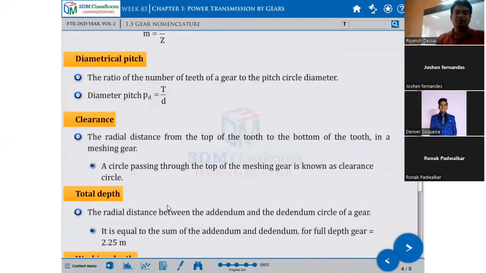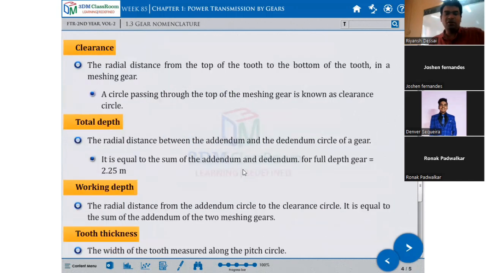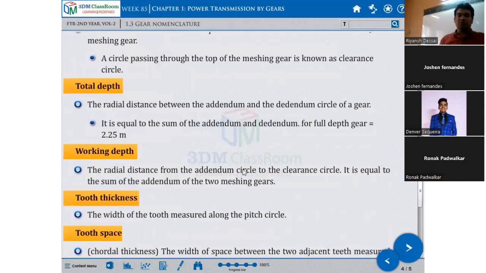Then clearance is the radial distance from the top of the tooth to the bottom of the tooth in a machine gear. A circle passing through the top of the mating gear's teeth is known as the clearance circle. Total depth, addendum plus dedendum, is the radial distance between the addendum and dedendum circles of the gear.